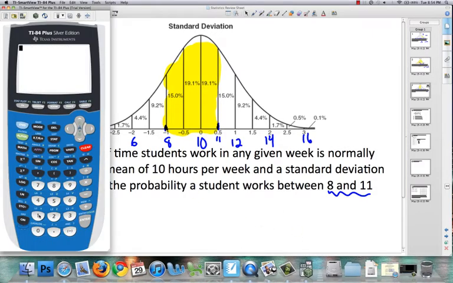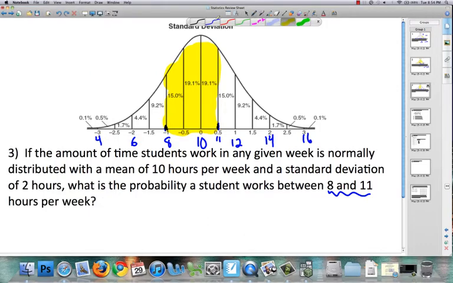Okay, so that is 19.1 times 2, since there's 2 of them, plus 15. And that gives us 53.2%. So the probability that students would work between 8 and 11 hours would be 53.2%.